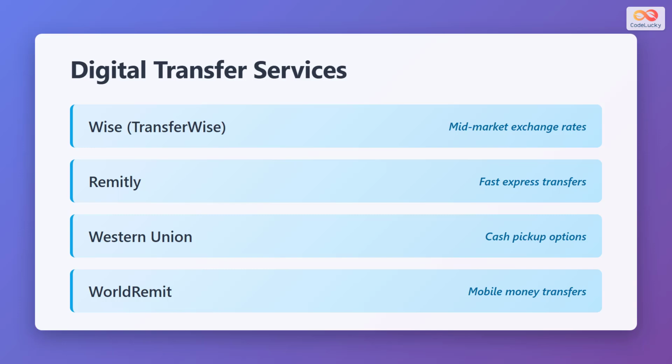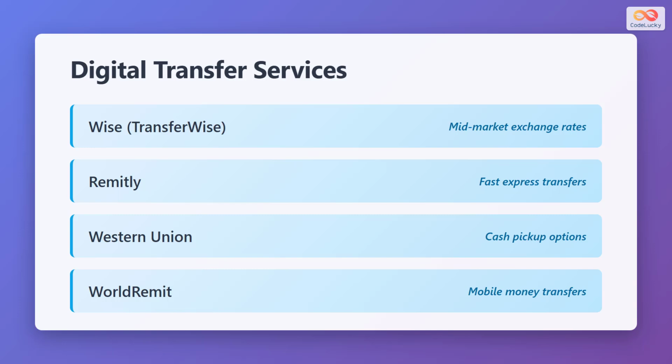Digital money transfer services have revolutionized international payments by offering alternatives to traditional banking channels. Wise, formerly known as TransferWise, is renowned for using the real mid-market exchange rate with transparent fees, often resulting in significant savings. Remitly specializes in fast express transfers, making it ideal when speed is a priority.